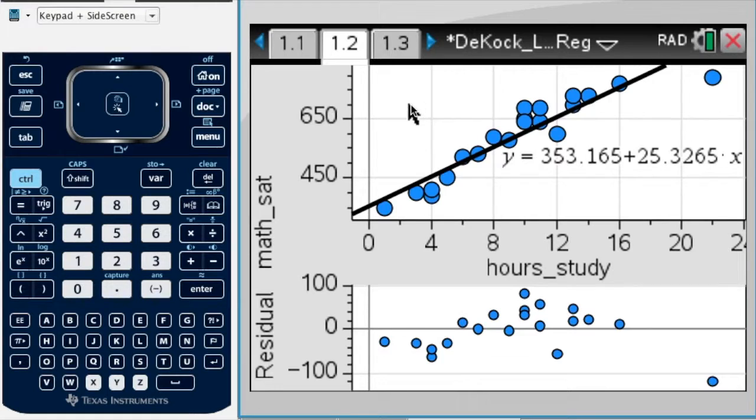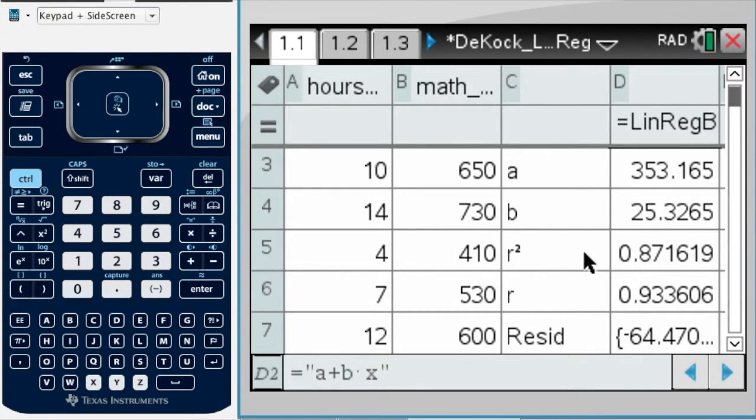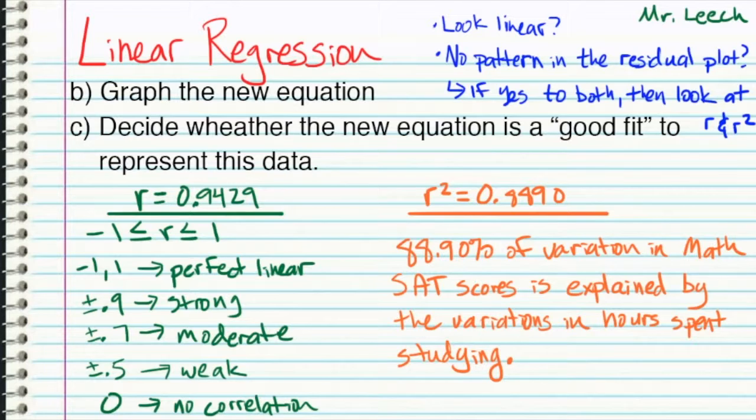Secondly, we can look at r and r squared to see how strong of a relationship there is between x and y. Going back to our table, we see that r is 0.9336 and r squared is 0.8716. Here's just a little summary about r and r squared. This r is actually a very nice r. It's pretty strong. It would fit in what we would call strong.